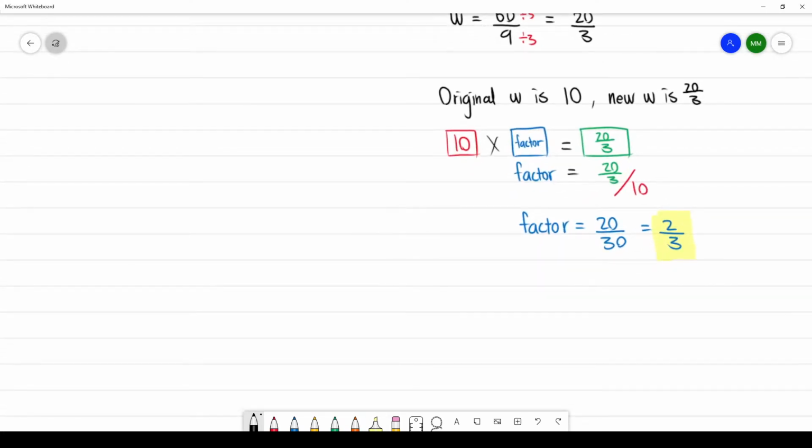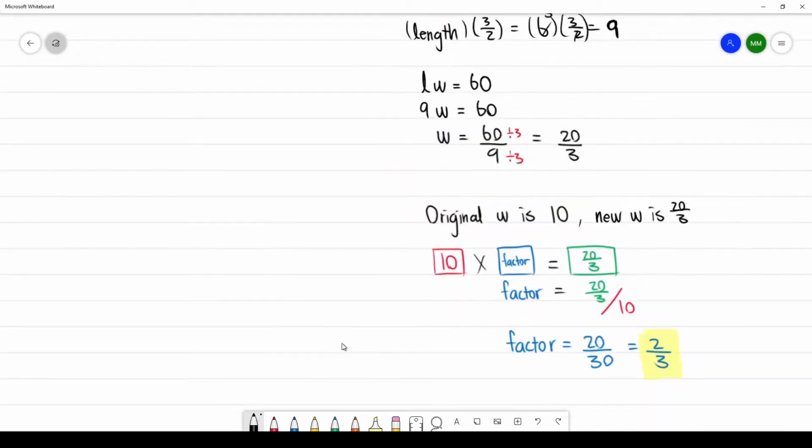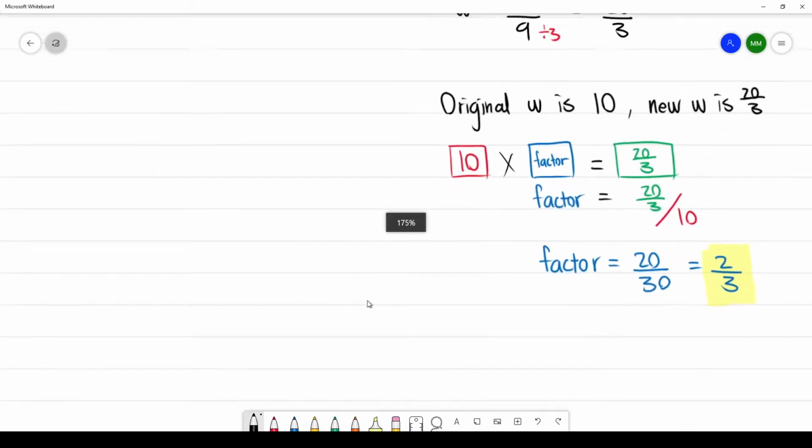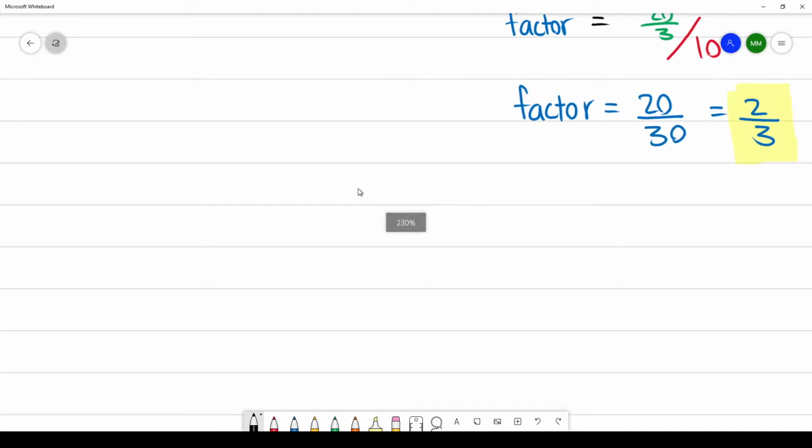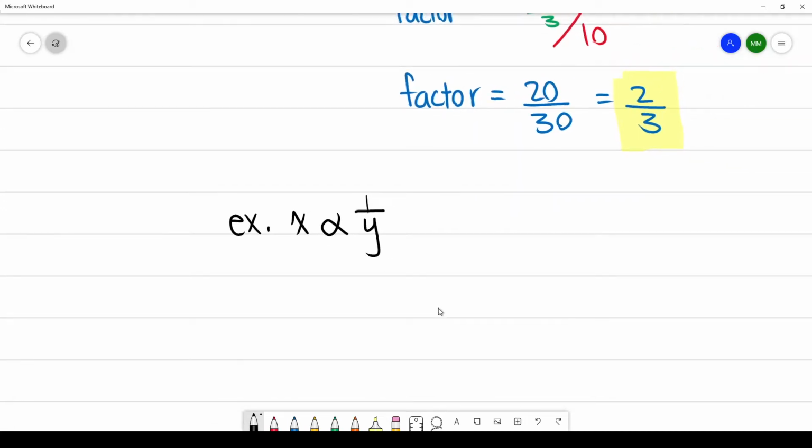I guess another example then. The more examples the better, so you guys get more familiar with it. So x is, do you still remember what this means? Inversely proportional.